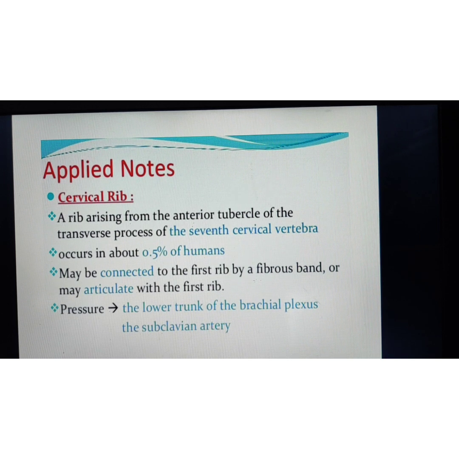So with this, we have completed the introduction to the thorax and the osteology of ribs. We saw different types of ribs: true ribs and false ribs, typical ribs and atypical ribs.